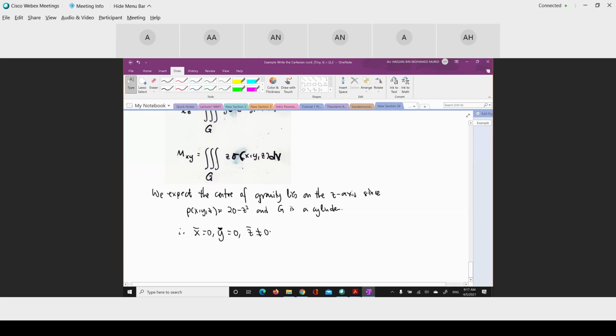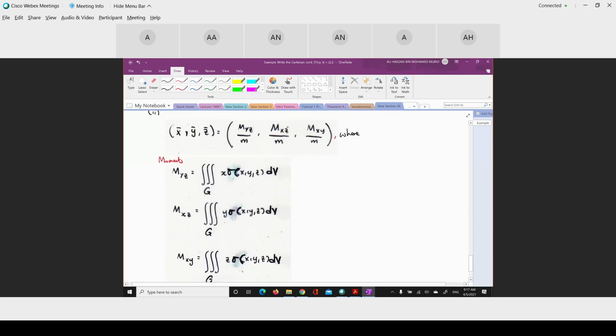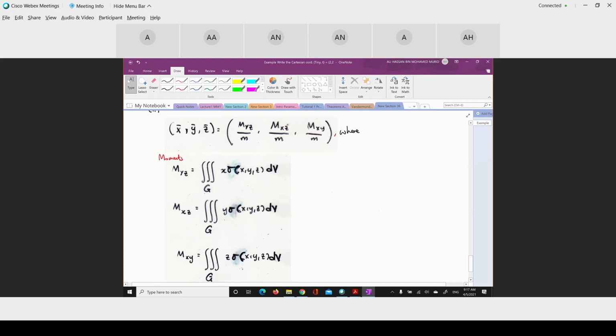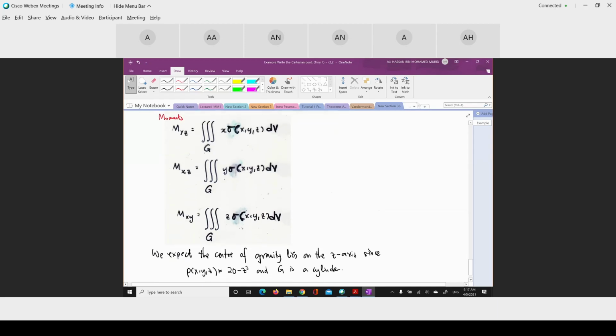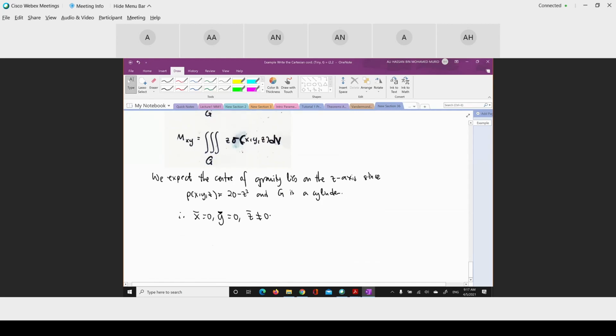So it's enough to calculate z bar only. z bar is the moment mxy divided by m, and the moment mxy is given here in the third equation. So it is enough to calculate only the moment mxy.